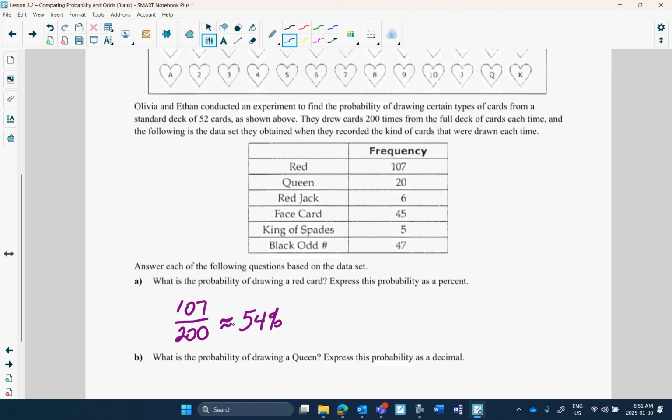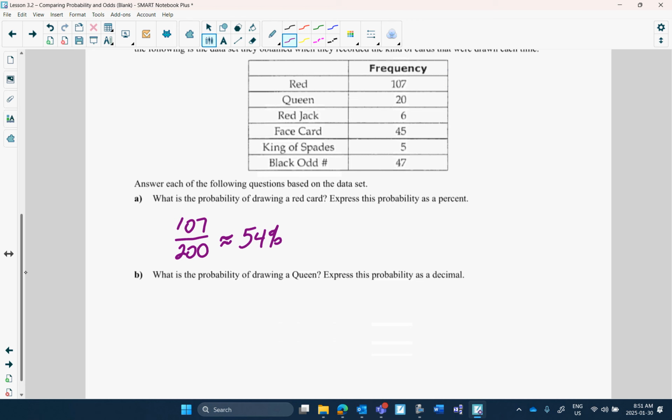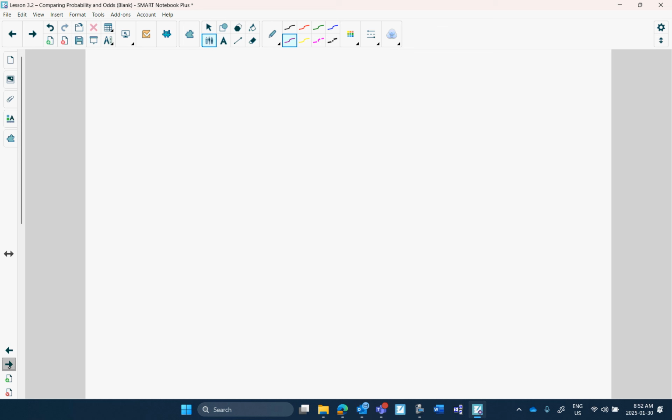Express that one as a decimal. So 20 out of 200, divide by 2, and you get exactly 0.1. So with these, we're just using the table and remembering that we have 200 draws. So it's pretty straightforward.